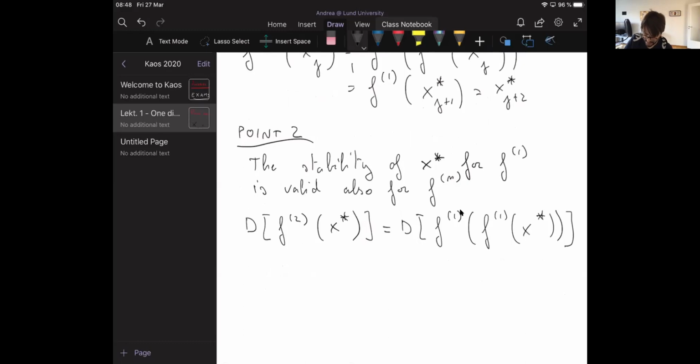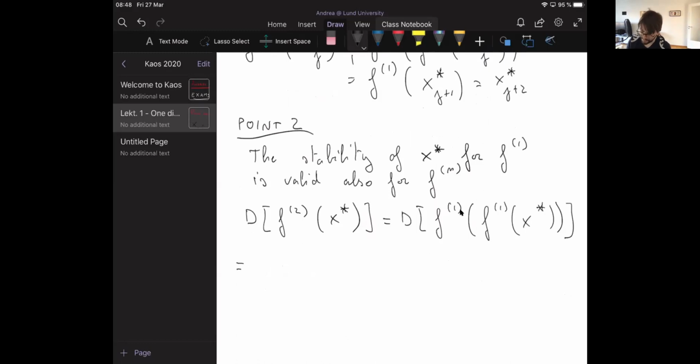And this is equal to, let's do it rigorously for now, the first return map prime, so this is the derivative of the first return map times the first return map derivative.